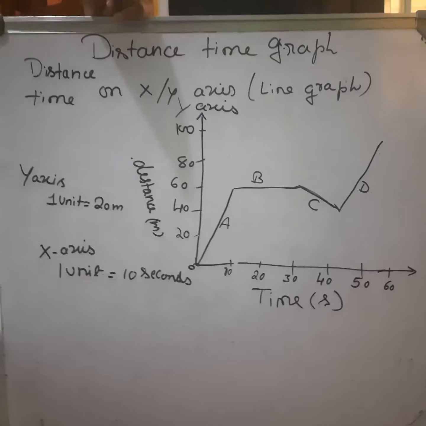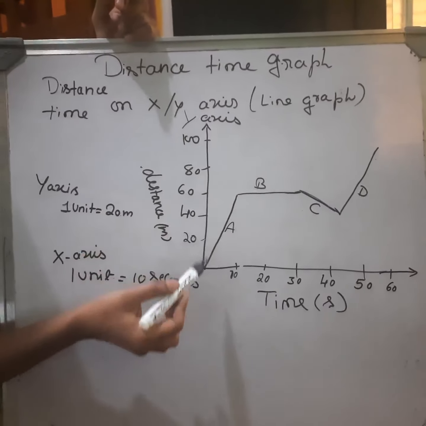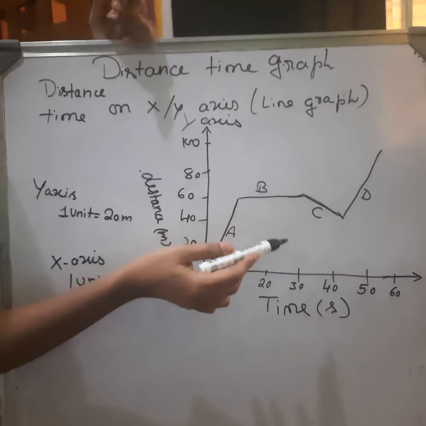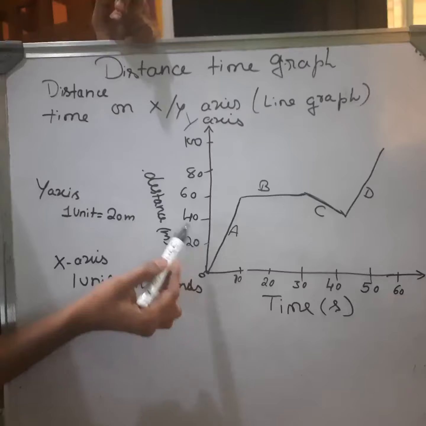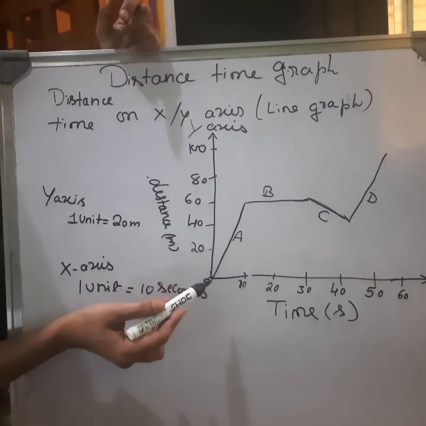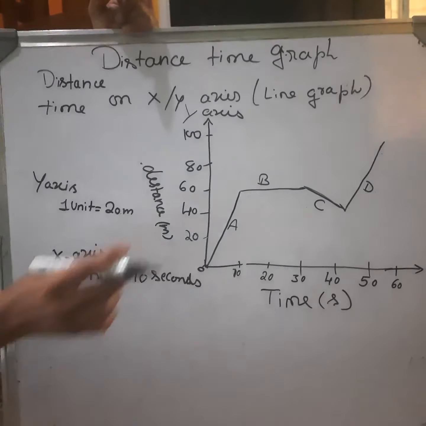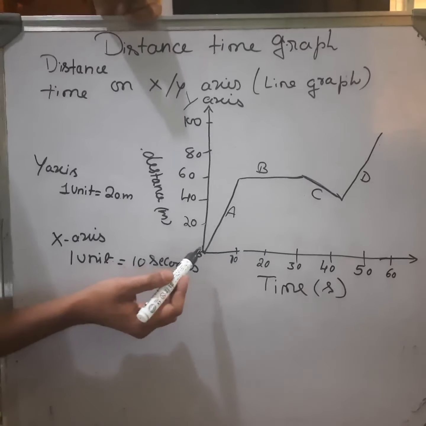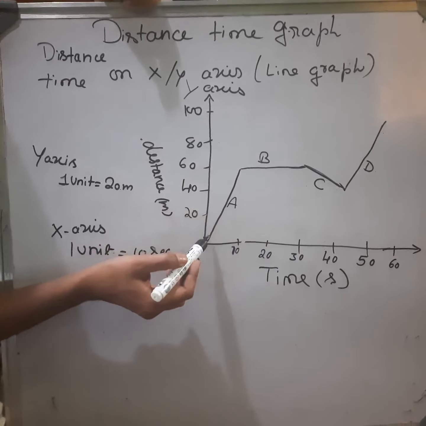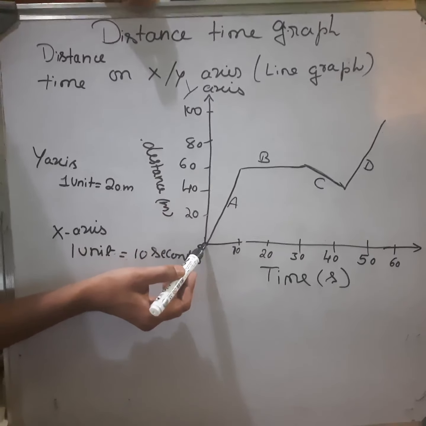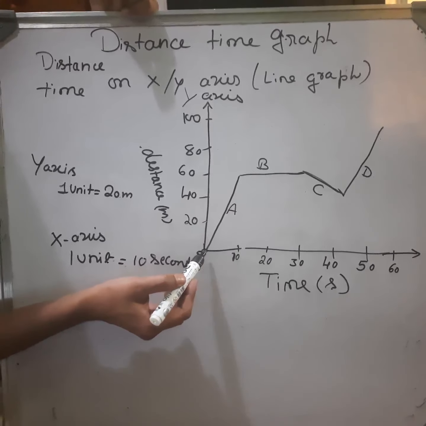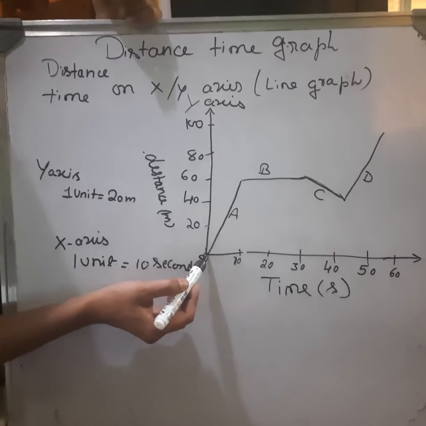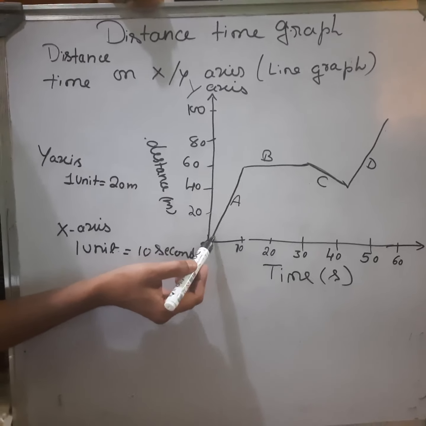Then, as you can observe here, I have plotted the graph on this xy axis. It is also called a line graph. So here the question is, in which section is the object traveling in a positive direction? The object, or a vehicle, started from 0 distance and 0 time, from rest, and it started traveling.